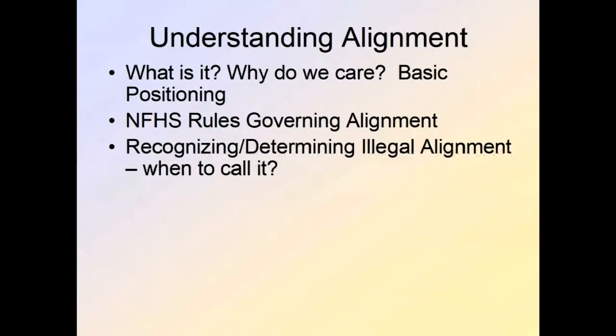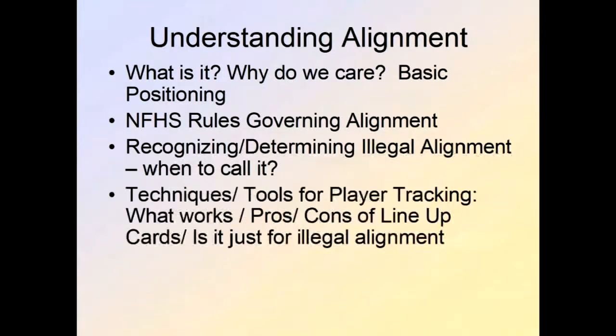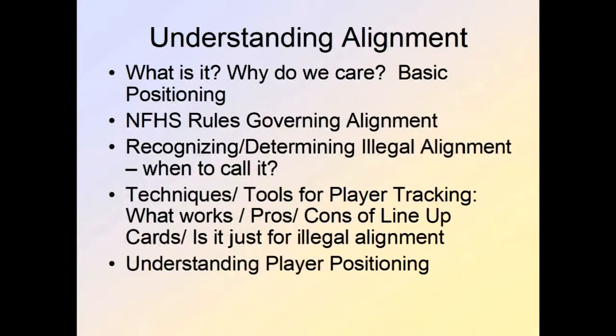When do we call it? When do we warn? What are some techniques and tools for player tracking? What works? What doesn't work? What pros? What cons of the lineup cards exist? And how do you judge it? And how do you understand player positioning?